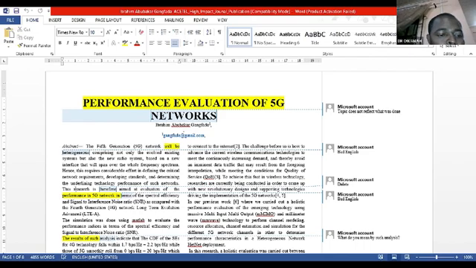It is a comparative analysis. So you need to bring the 4G network into the title and let us know that it is a comparative work. You are comparing the performance of the 5G network with that of the 4G network.